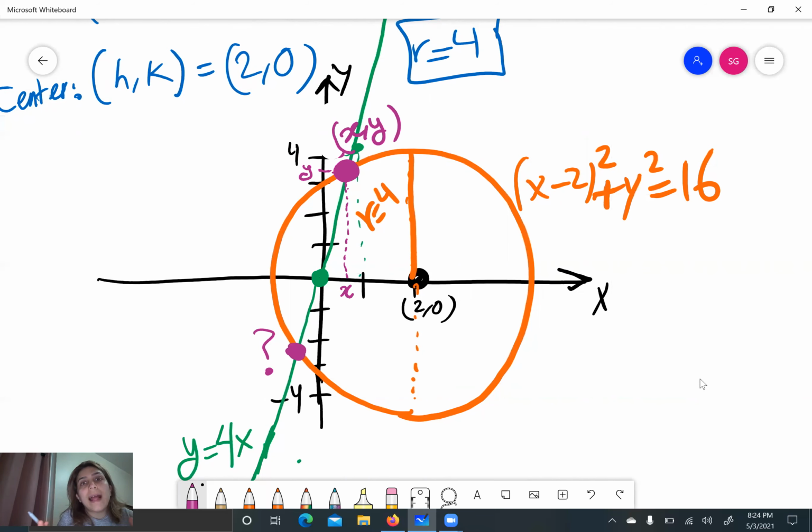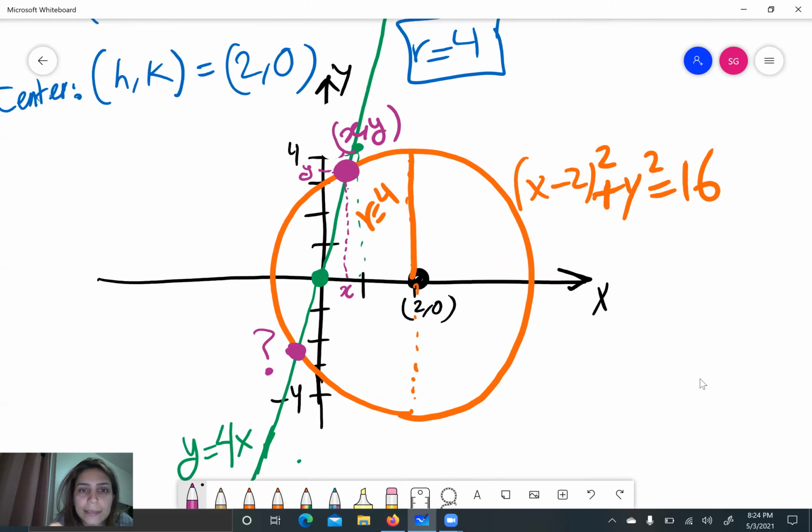So whatever the x value and y value are for this point, it should satisfy the equation of the line and also the equation of the circle.